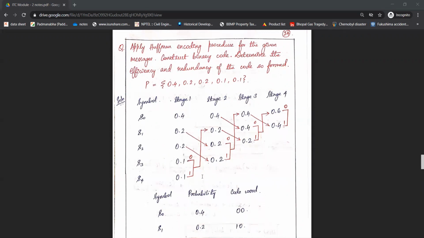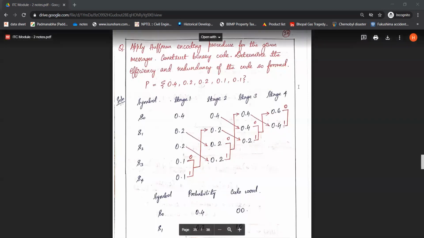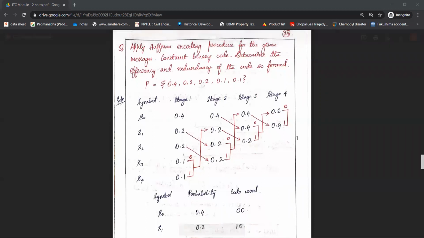And then this step is followed until we reach a stage which has only two elements. Okay, and the two elements are grouped and assigned a value 0 and 1. The procedure is terminated over here. This is about Huffman encoding procedure.